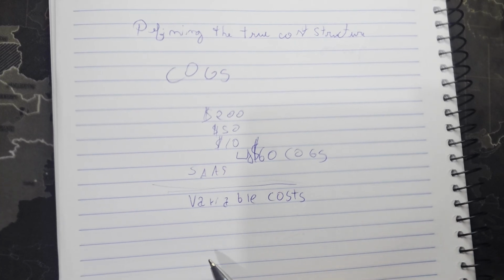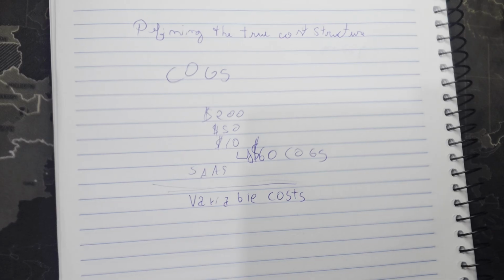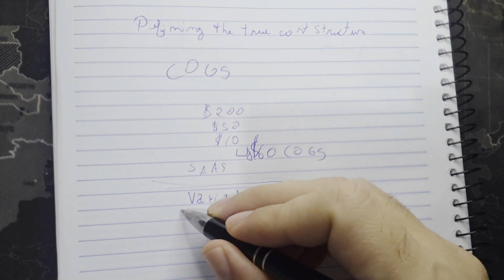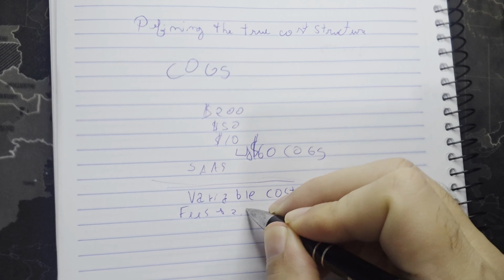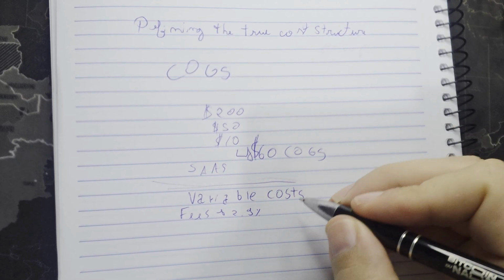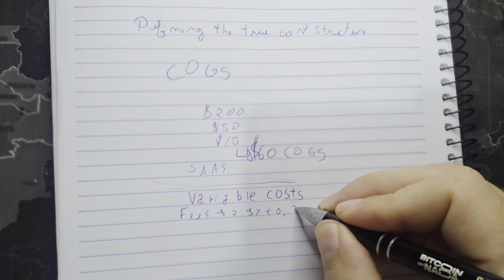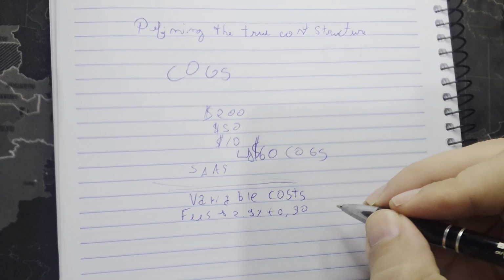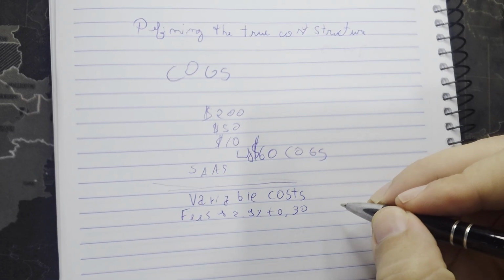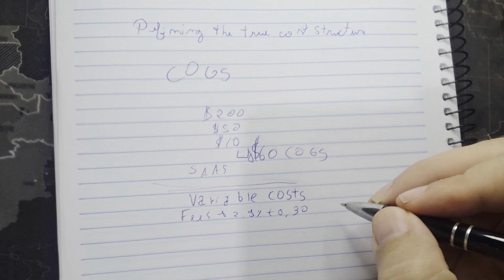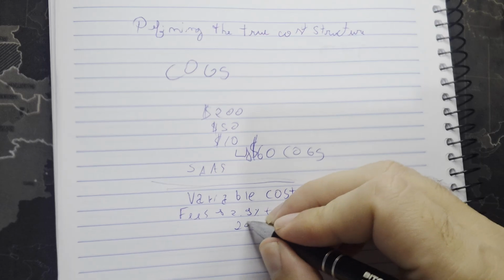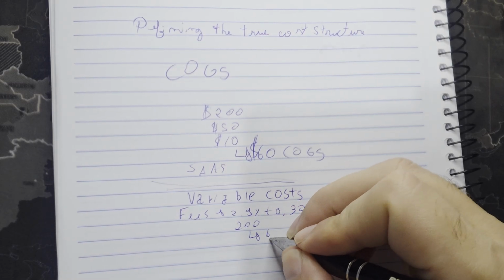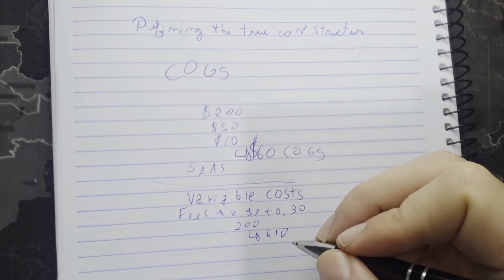So common variable costs include payment processing fees, which is basically 2.9% plus 30 cents per transaction for platforms like Stripe or Shopify Payments. On a $200 item, this is like $6.10 that a merchant never sees.